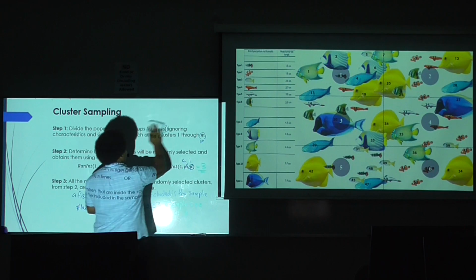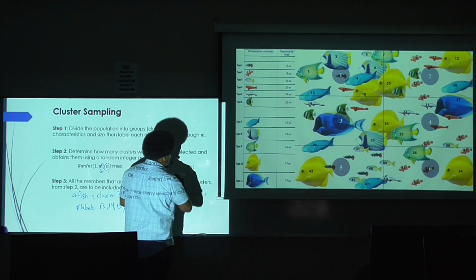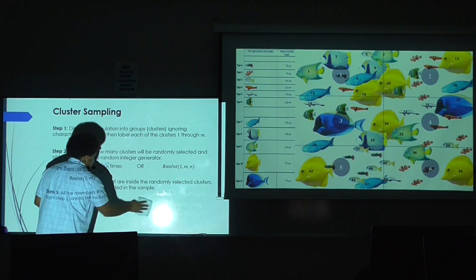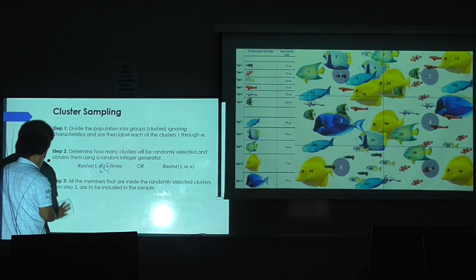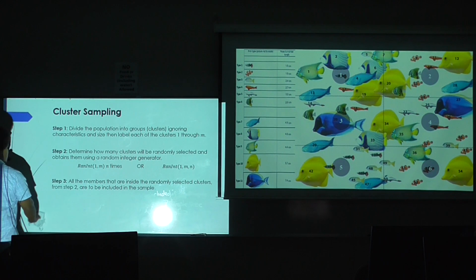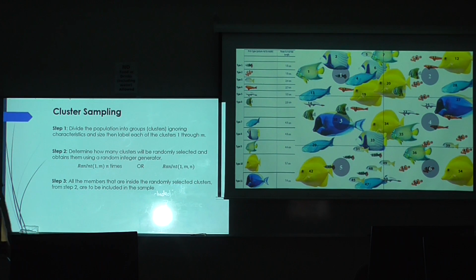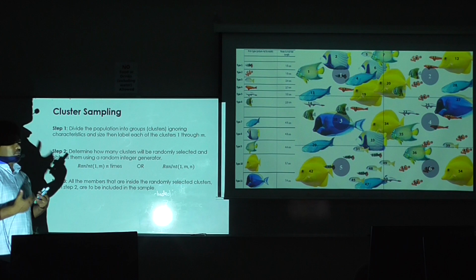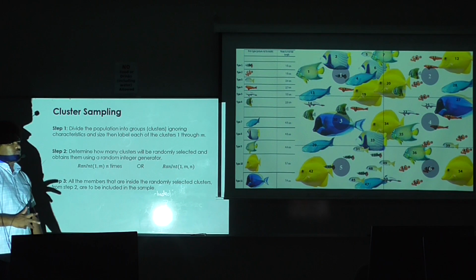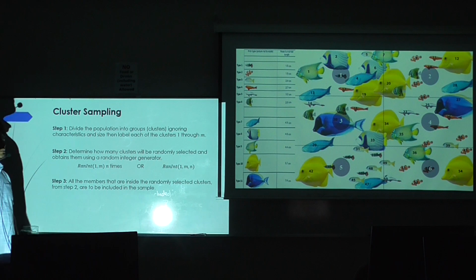So the next one we're going to talk about here is stratified sampling. That's the fourth type of random sampling that's out there. This one actually focuses on characteristics. If you want to make sure we're not misrepresenting certain characteristics of the population, stratification is the one that does the key job.